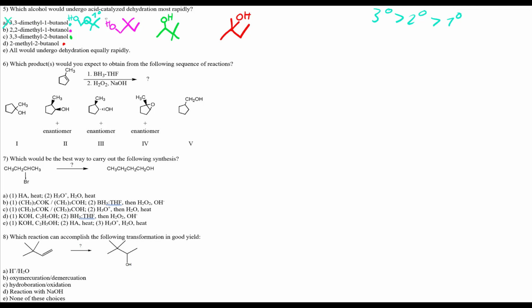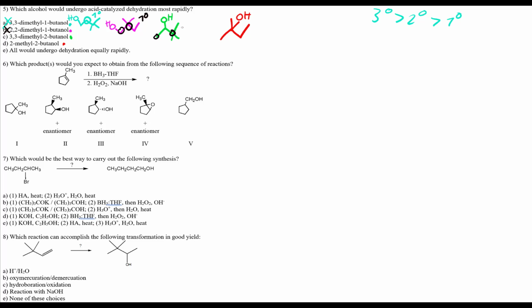What about B, which is the pink one? Well, this alcohol is attached to a primary carbon, and that carbon is attached to another carbon, right? So that means that it's a primary carbon as well. So that's wrong.